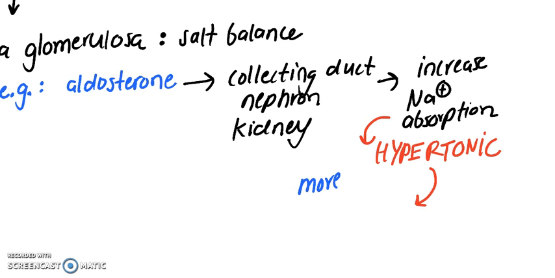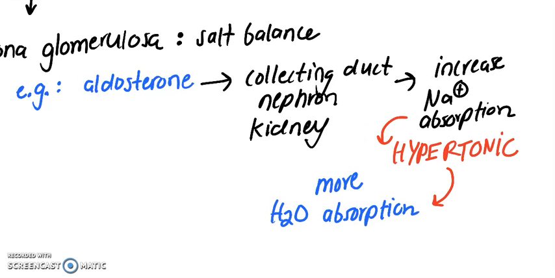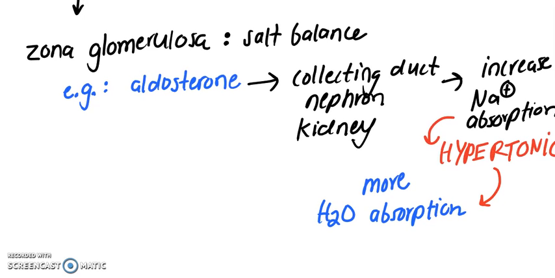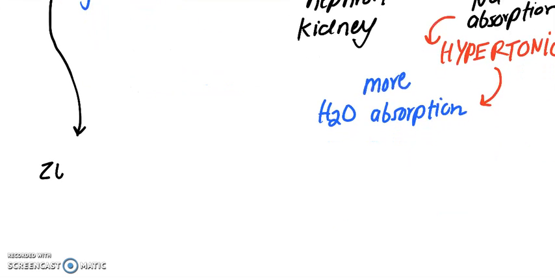So now we have more H2O absorption. So it has the same final effect as ADH, but the process is a little bit different. But here's one example of a hormone from the zona glomerulosa. Okay, going deeper. Next is zona fasciculata.